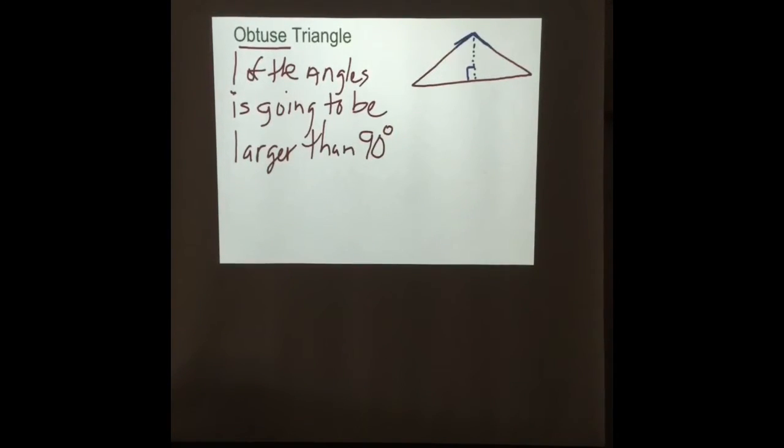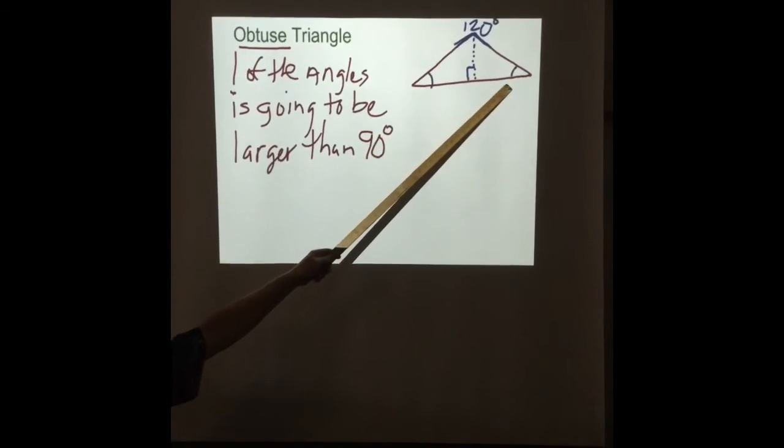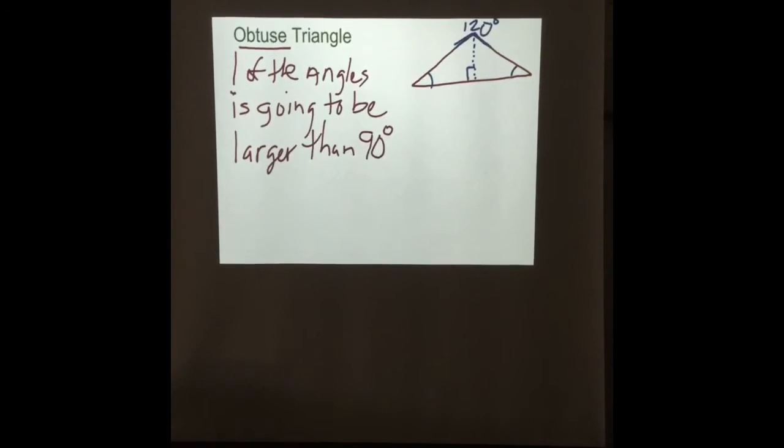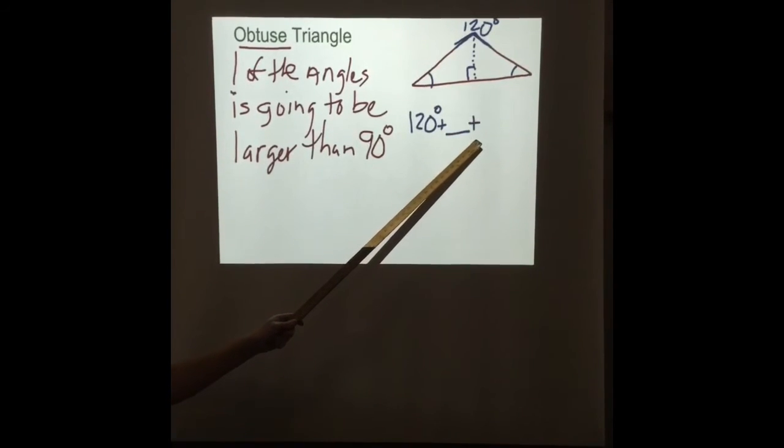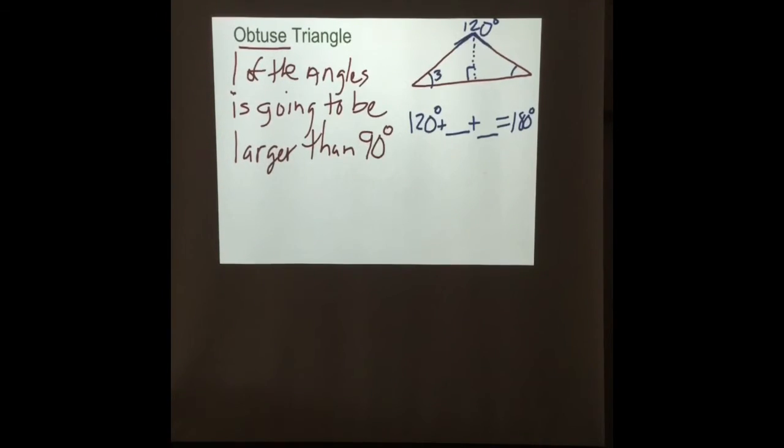So let's say that this is 120 degrees. All three of them are going to have to equal how much? So we've got 120 degrees plus one of these degrees plus the other degree, and it has to equal what? 180 degrees, right? 30 degrees.